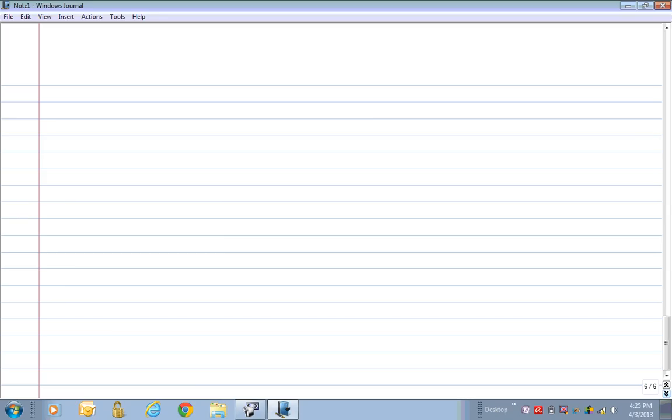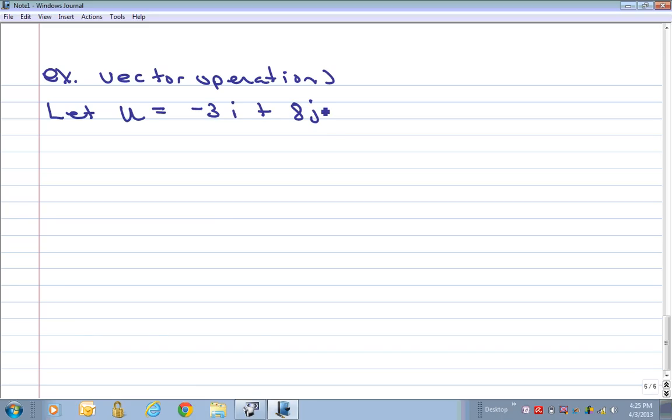All right, this is going to be vector operations. We're going to let vector u equal negative 3I plus 8j, a linear combination. We're going to let vector v equal to the linear combination 2I minus j.